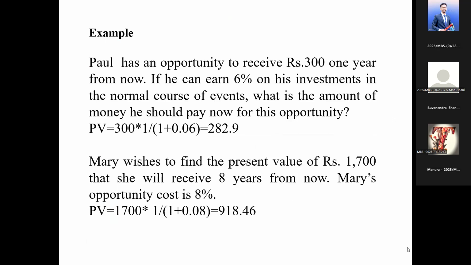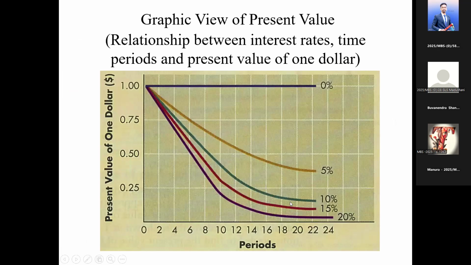Very simple equations, okay? Moving on from present value, now we can see the relationship between present values, time period, and the interest rate. Opposite to future value, you can see the relationship. If the time period is higher, your present value is lower. If the time period is lower, your present value is higher. You can see that, say, 20 years and 10 years.